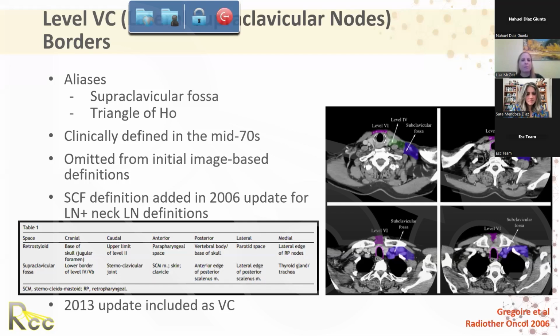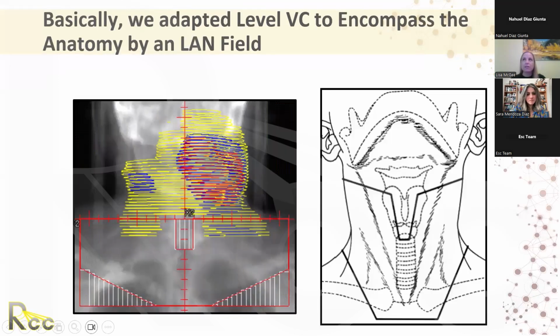They were added in a separate publication in 2006 and labeled as the supraclavicular fossa. These are the pictures of the contours from that 2006 publication when they were added in. And when the system was updated in 2013, we came up with a new label for them, which is level 5C. Basically, they were trying to make the anatomy fit what would have been treated traditionally in an LAN field, the low anterior neck field.